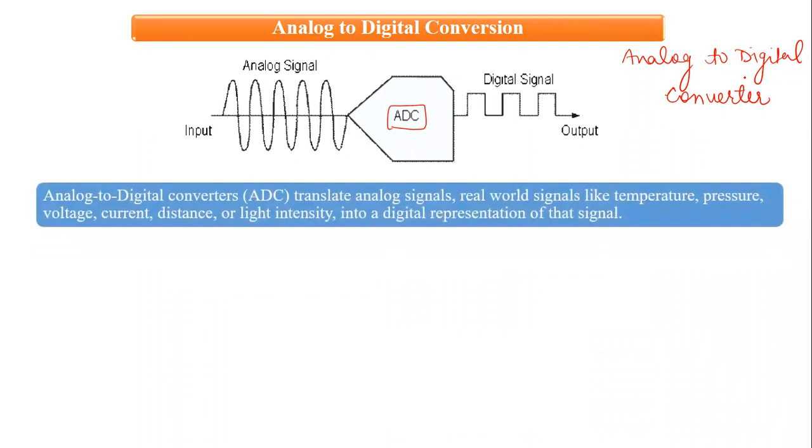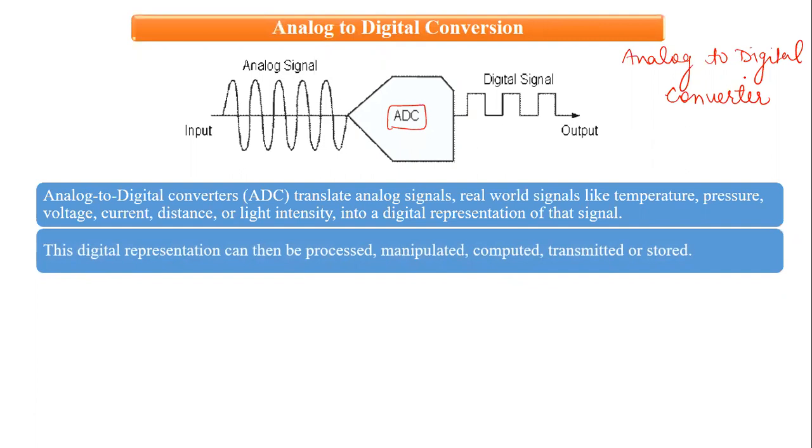So what do A to D converters do? They convert, transform or translate the analog signals acquired from real-world processes like temperature, pressure, voltage, current, or anything like that, into a digital representation. Digital representation is basically the binary representation of the analog signal.